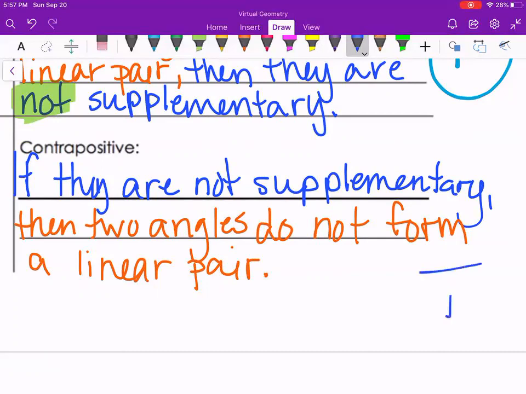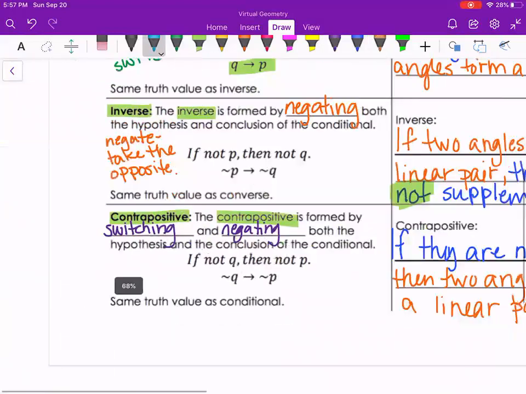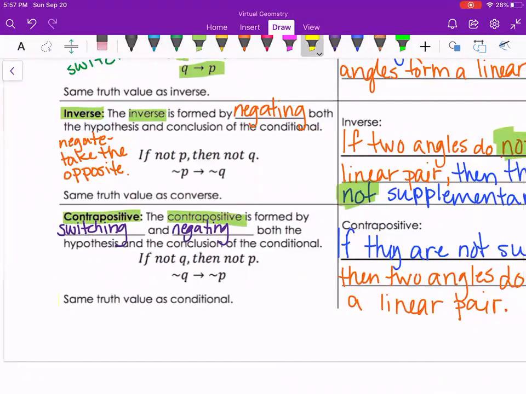So this one is true. So notice we've got some that have the exact same truth values. Again, the contrapositive has the exact same truth value as the conditional, while the converse and the inverse have the exact same truth values.